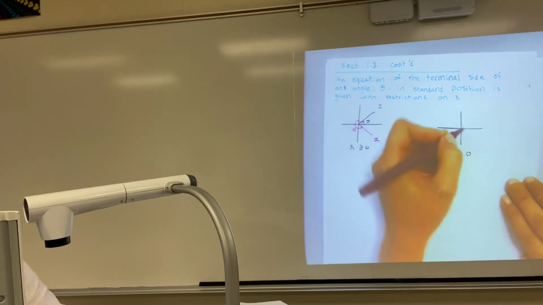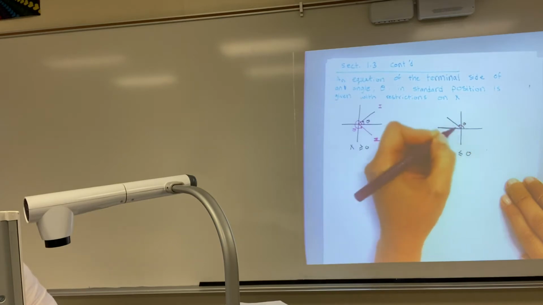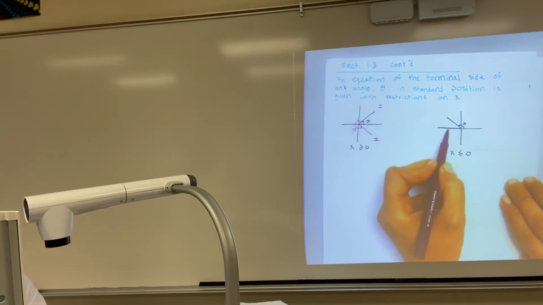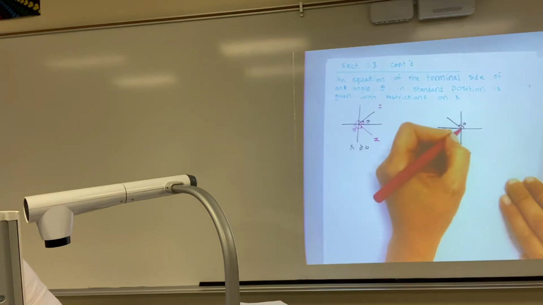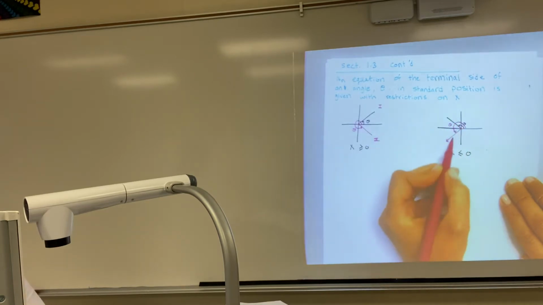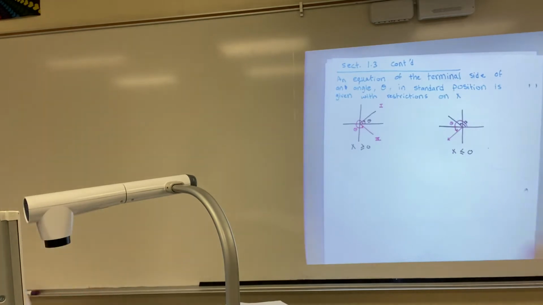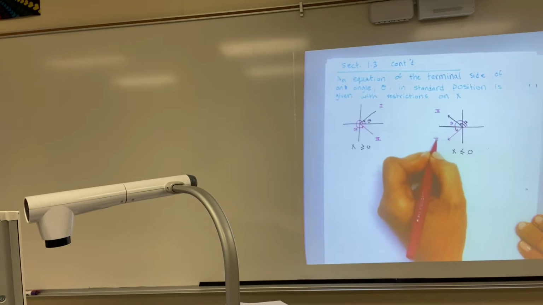So I can have an angle here, theta, with the x that's negative, less than or equal to 0, or it could be here as well. This is another theta with a value of x that's less than or equal to 0. So it could be in quadrant 2 or quadrant 3.